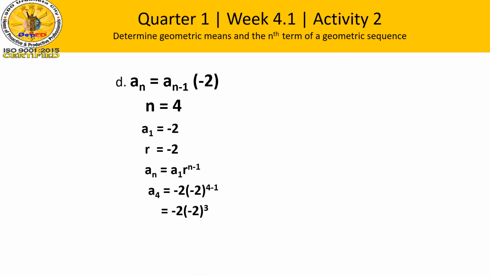By simplifying, 4 minus 1 is equal to 3. Then negative 2 multiplied by negative 2 times negative 2 times negative 2 is negative 8. So a sub 4 is equal to positive 16.